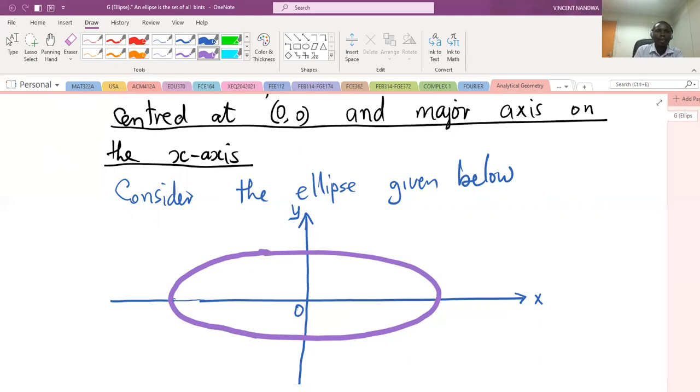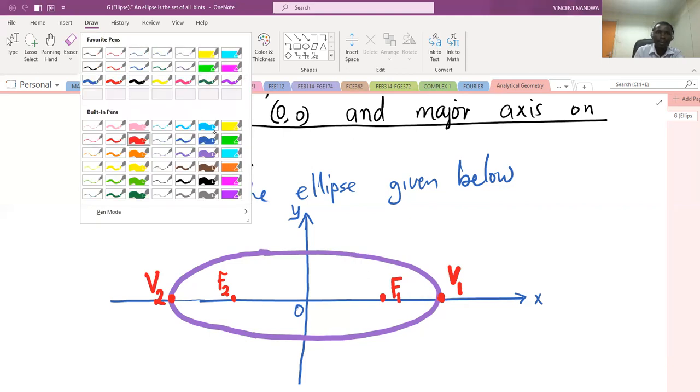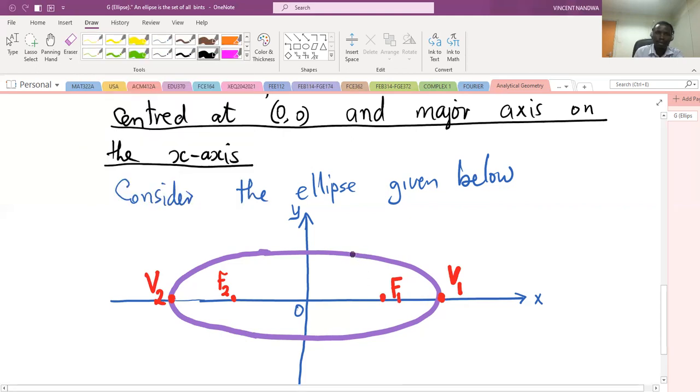Then this is V2, this is V1. Identify the point here, call it F1, another one here, F2. And let's pick a general point on this curve, call it P(x, y).